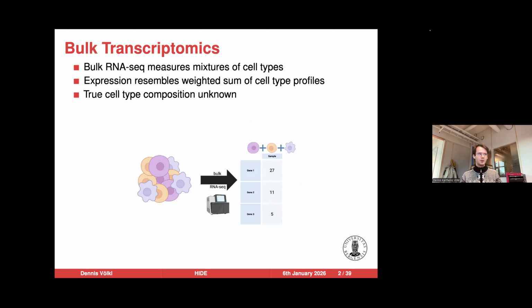Here we take a whole sample and dissolve it and then measure the gene expression of the sample. If you think of it from a more mathematical perspective, it's just like measuring the gene expression as a weighted sum of all of the present cell types. As you might think now, the true cellular composition of this still remains unknown.